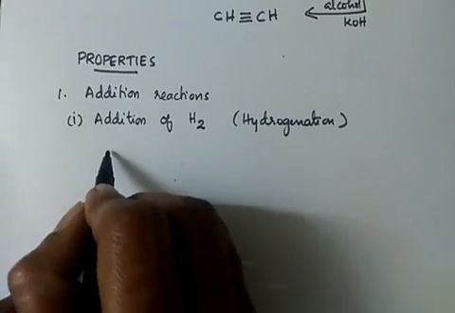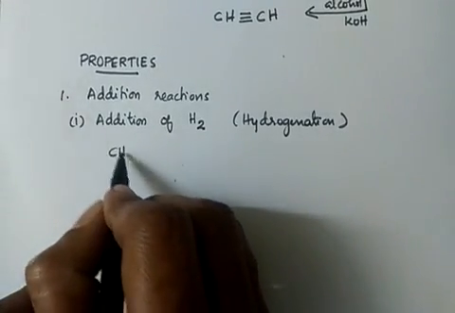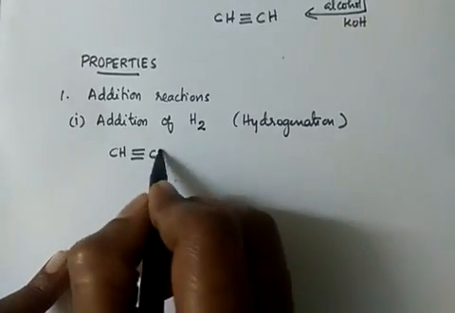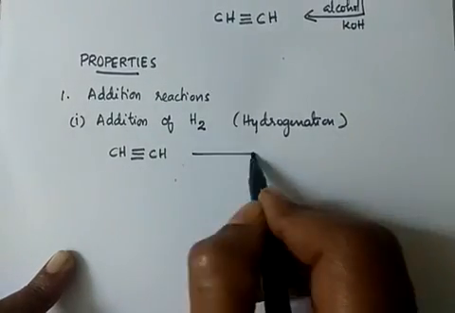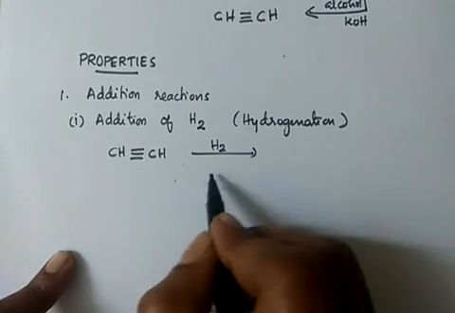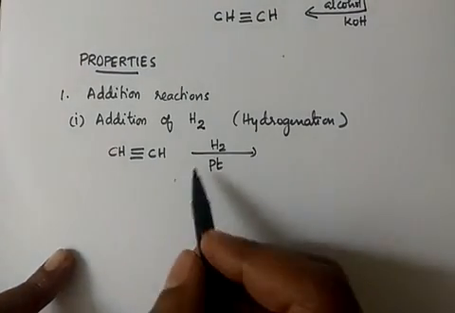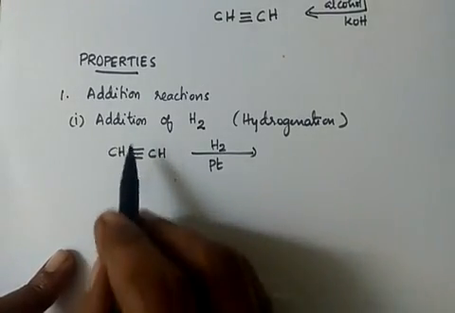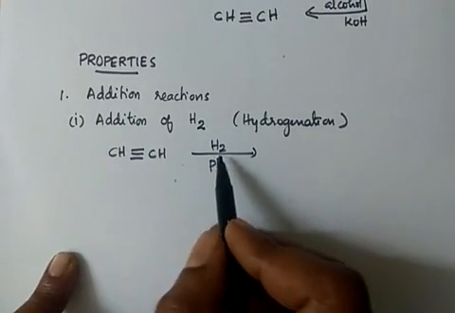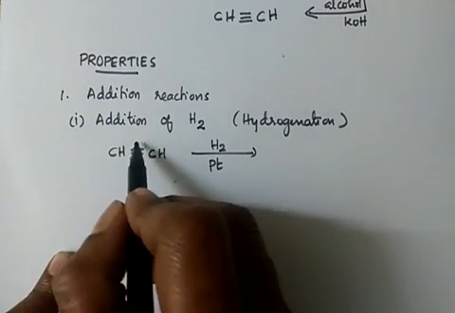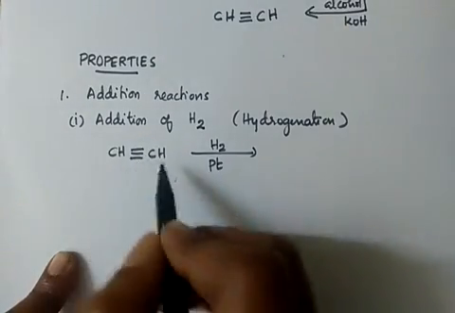To a triple bonded compound, for example acetylene, CH triple bond CH, a hydrogen molecule is added in the presence of a catalyst: platinum, nickel or palladium. Here a platinum catalyst can be used. A molecule of hydrogen is added to both sides of a pi bond.